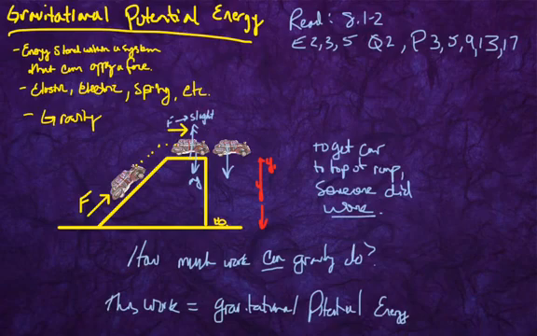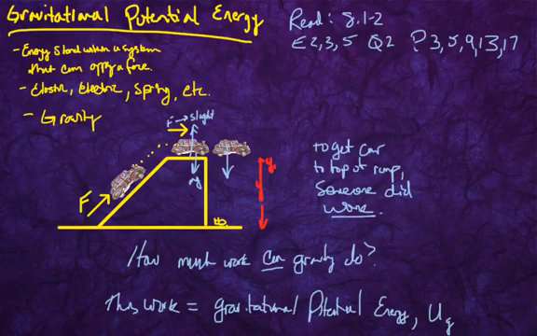The amount of work that gravity can do on the car is equal to the gravitational potential energy. We call our potential U, and in this particular case, it's U due to gravity, U sub G. U sub G is our potential energy due to gravity.